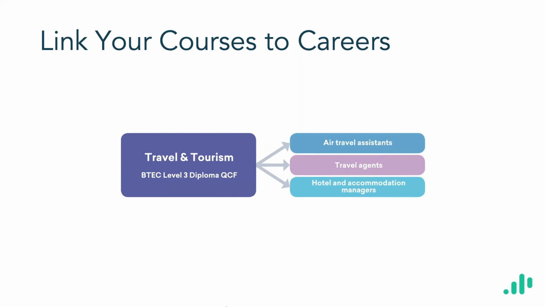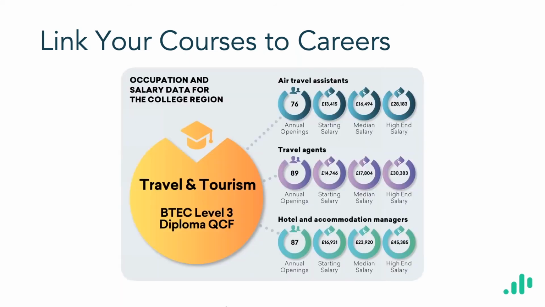So really thinking about, okay, in this course that we're teaching, that we're supporting students with, how does this course link to careers? And that link might be very obvious, as this one probably is on the screen. But it's not just about saying, okay, this course is going to get you into a certain career as a travel assistant, but then making that next leap and saying, okay, what does that mean in terms of, are there jobs?